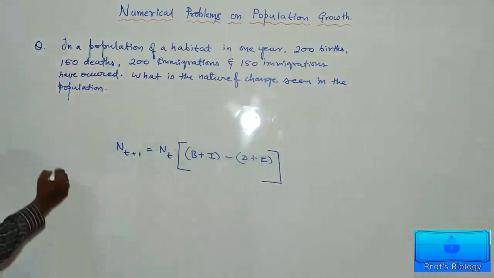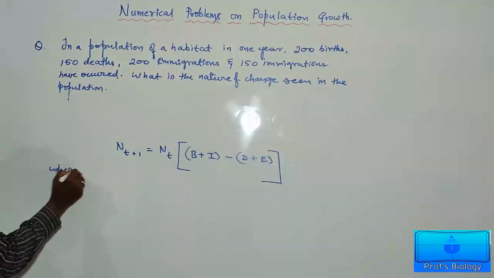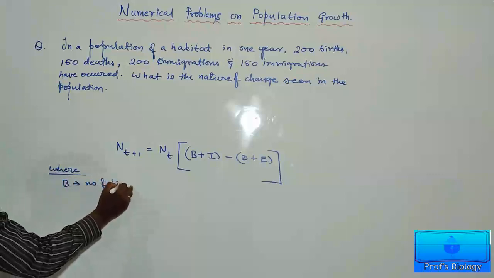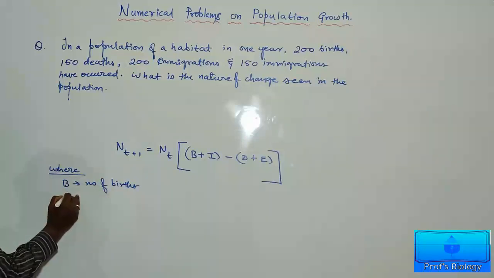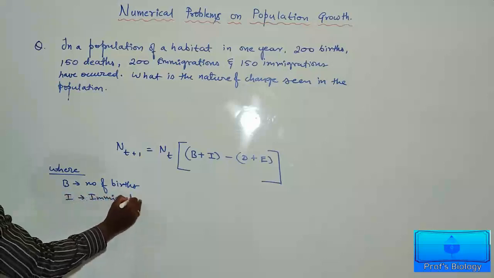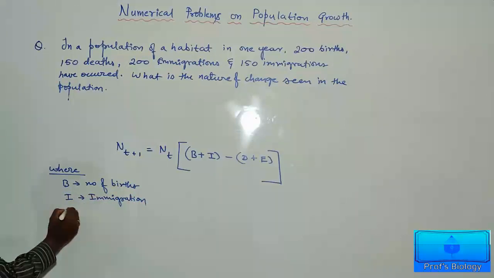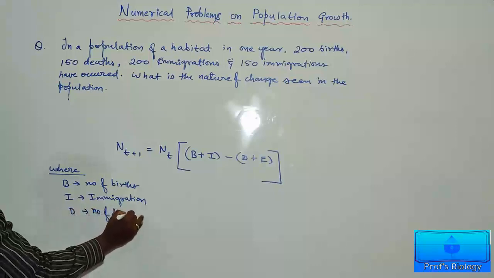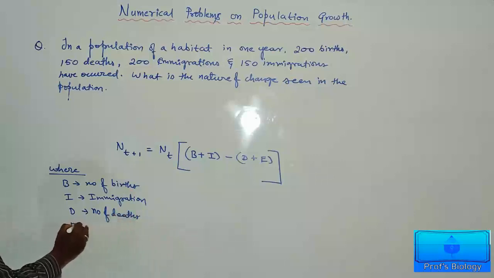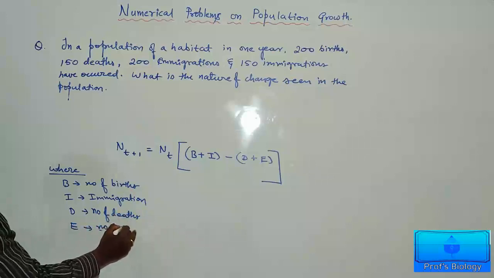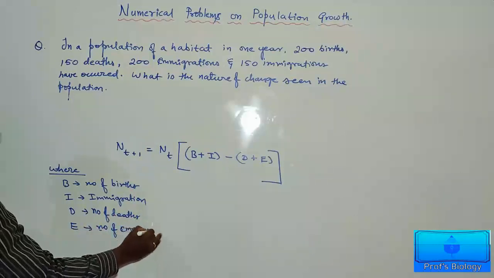where B is the number of births, I is immigration, D is number of deaths, and E is number of emigrations.